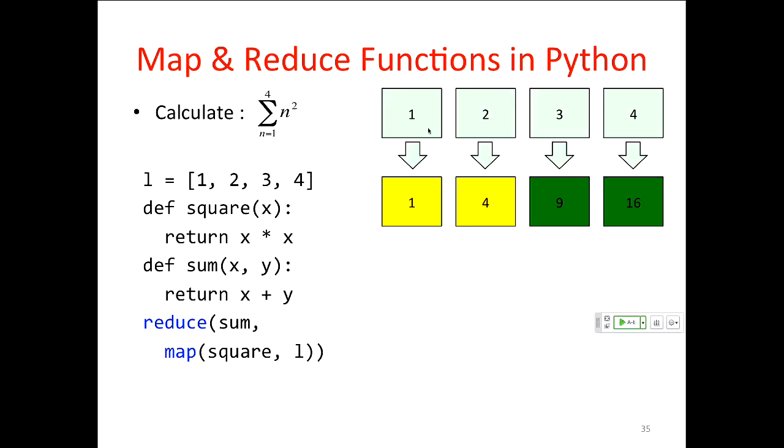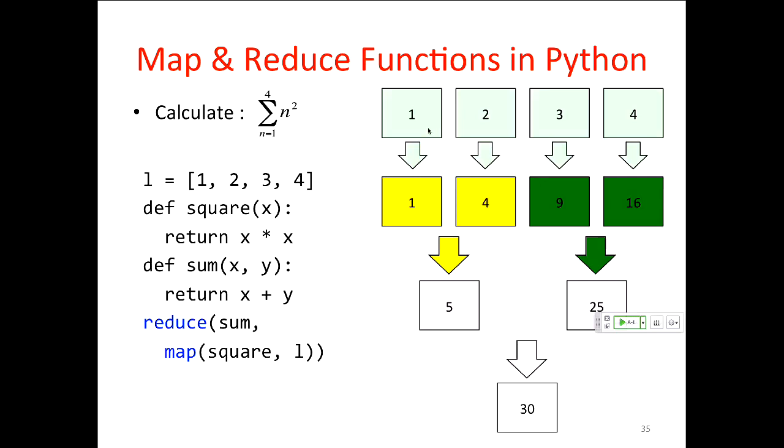And next we have to reduce this data set by the reduce function. This reduce function applies this sum function to gather all the data. First, we can reduce these two, and then we get intermediate results. And then finally, we get the answer here.